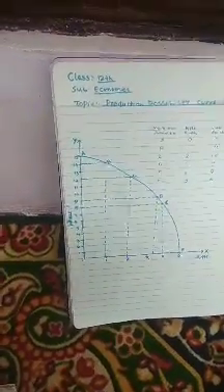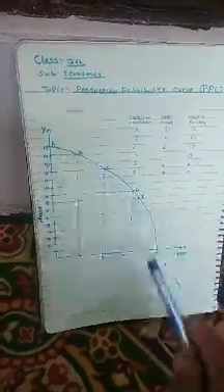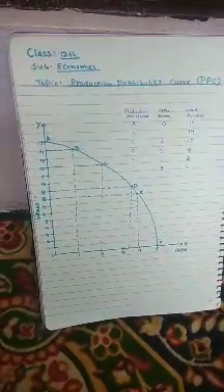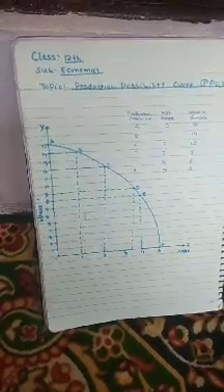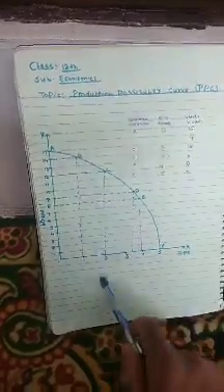Dear students, therefore, with production possibility B, which is here, as you see, the economy can produce with given resources 14,000 quintals of wheat and 1,000 quintals of apple.